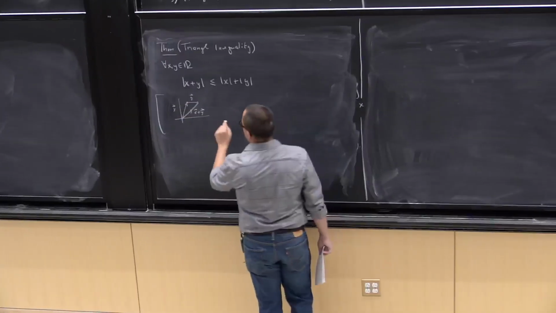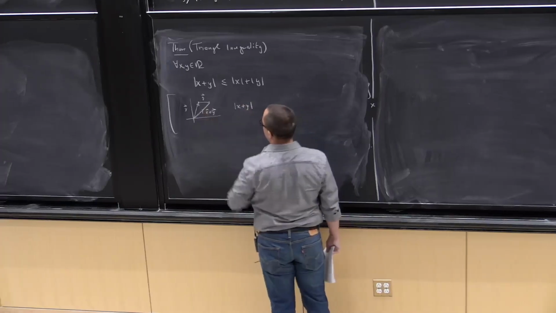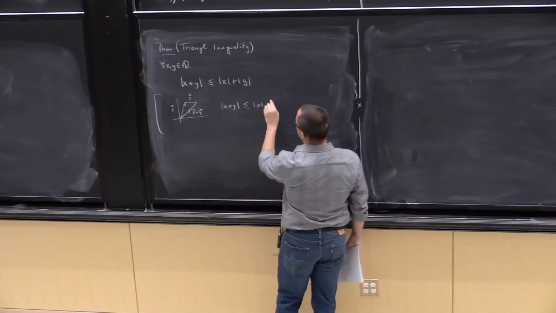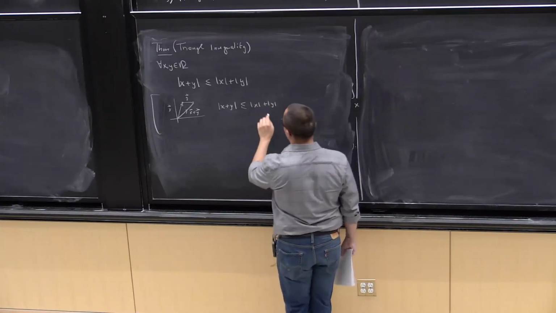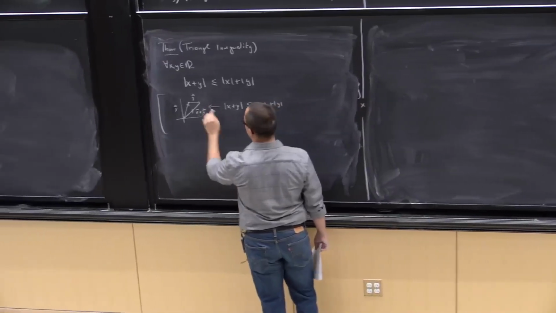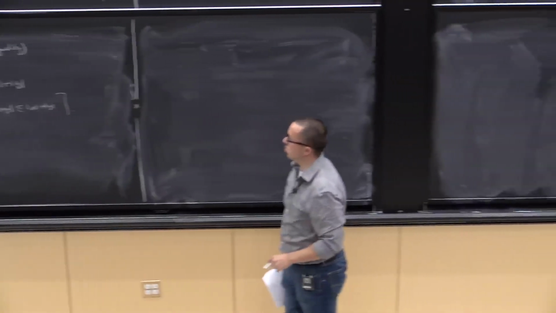Then what this is stating is that the length of one of the sides of this triangle is less than or equal to the sum of the lengths of the other two sides of the triangle. Okay?